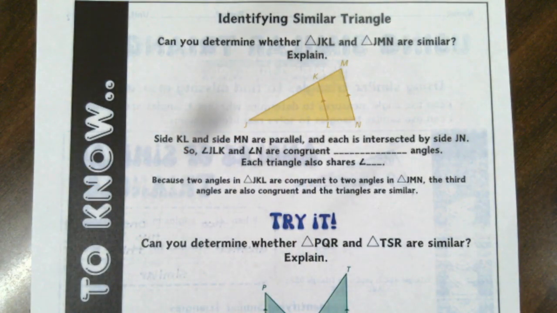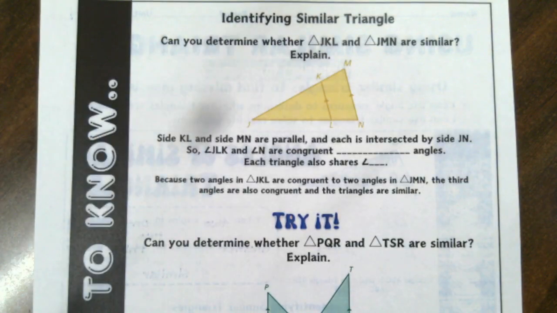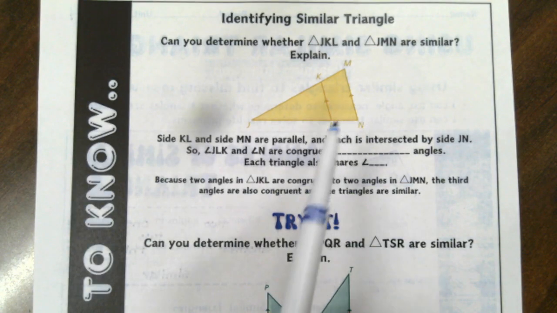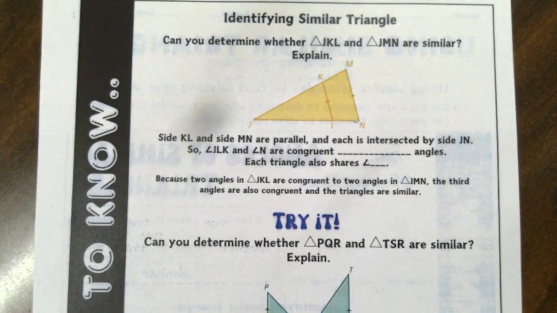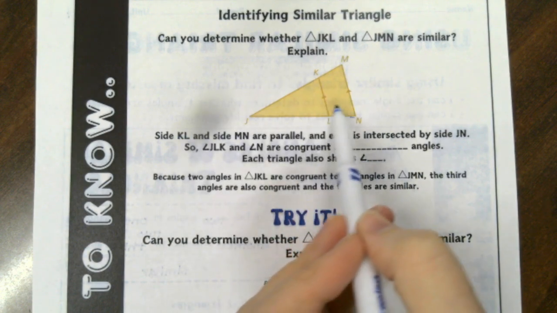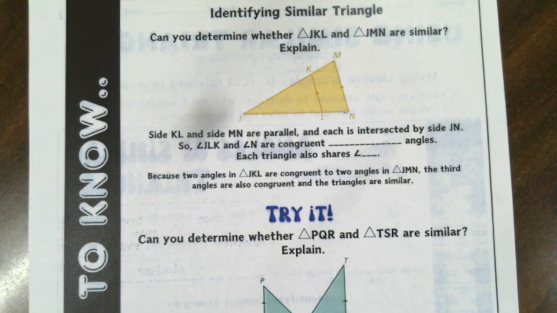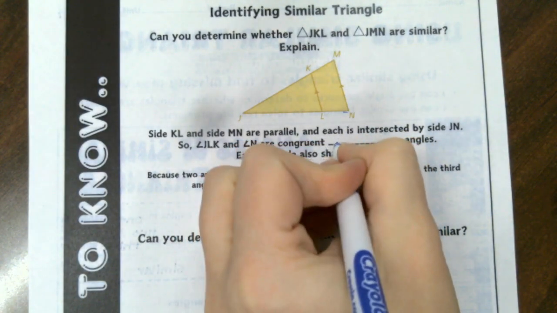Okay, so side KL and side MN are parallel, because we just said that, right? And each is intersected by side JN. So JN intersects both of these lines. So angle JLK and angle N are congruent corresponding angles.